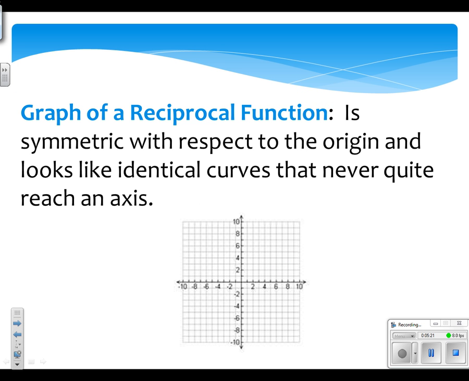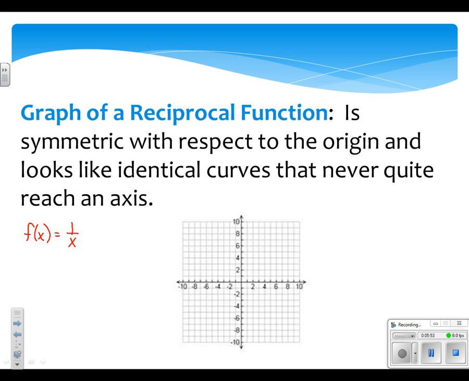A reciprocal function. Now a reciprocal function means that our variable is going to be flipped. So an example of what a reciprocal function might look like is something like f of x is equal to 1 over x. Reciprocal functions, because they're going to have denominators with variables in them, we're going to get some undefined values for x.